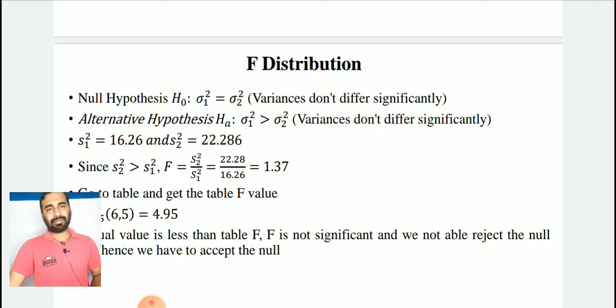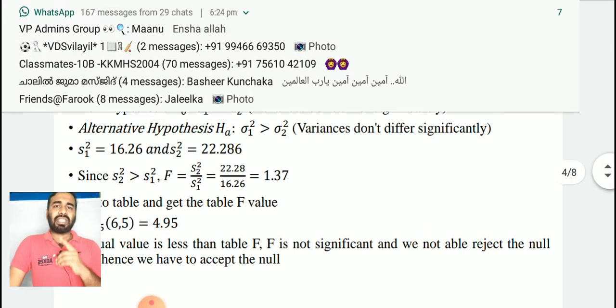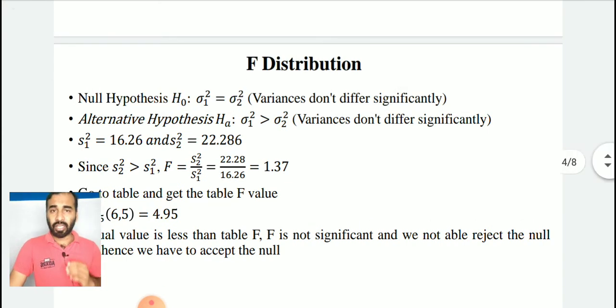How can we solve this? The same hypothesis testing procedure we have to adopt here. What is the first step? Specify the null and alternative hypotheses. What is the null here? The null is that the variances don't differ significantly. There is no difference. Both methods take almost the same time to finish the job.